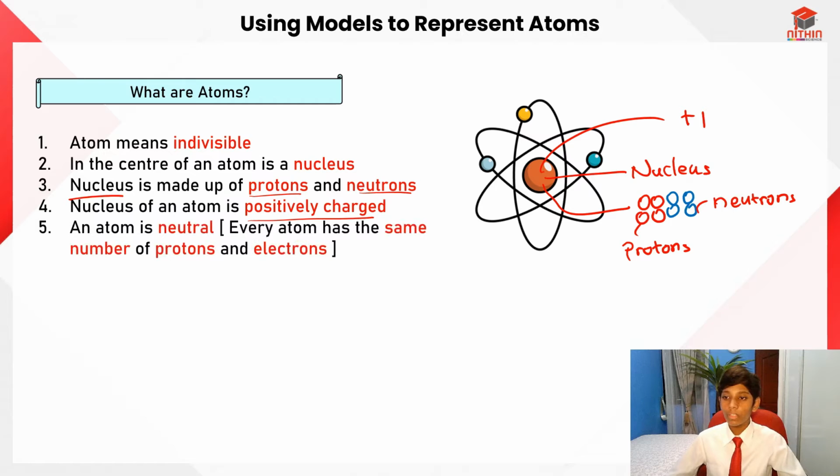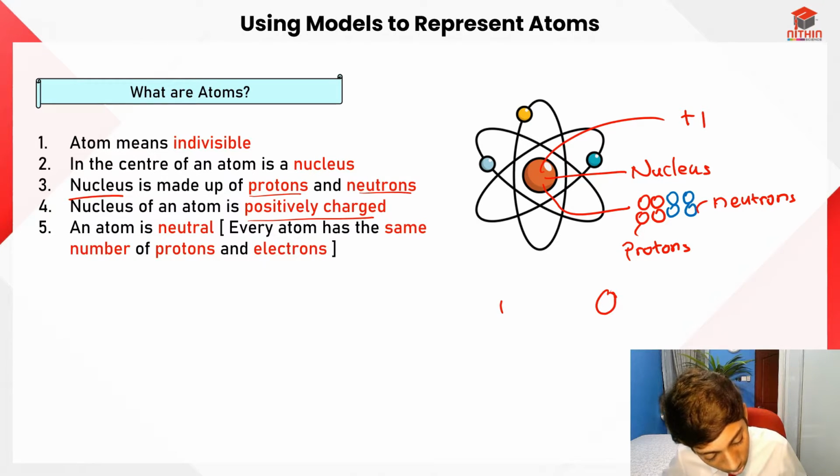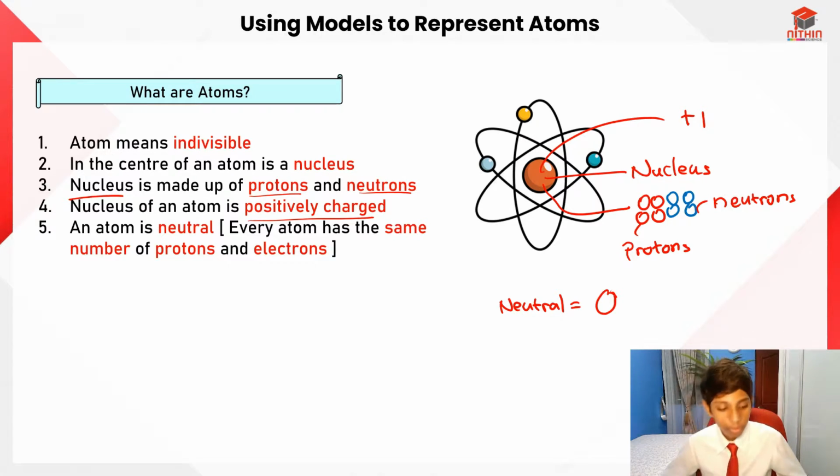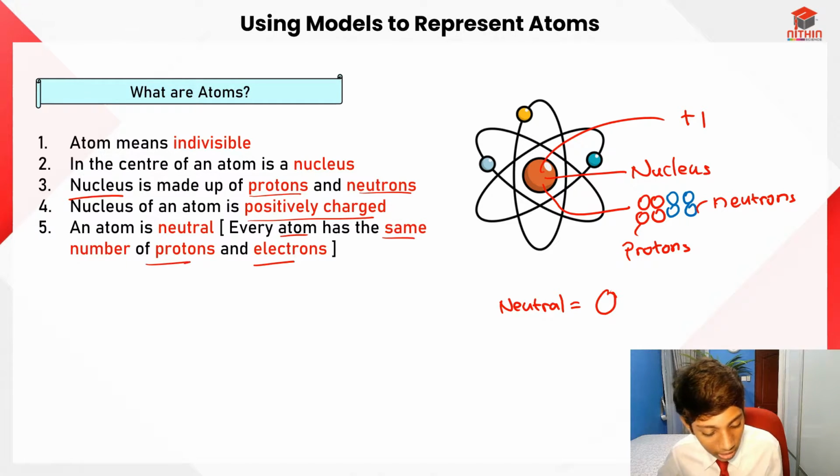Okay, an atom is neutral. Okay, that means it is actually not a positive charge or a negative charge. So neutral equals 0. Okay, so every atom has the same number of protons and electrons.